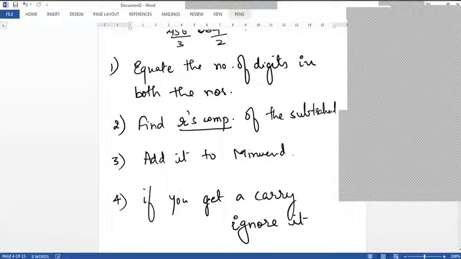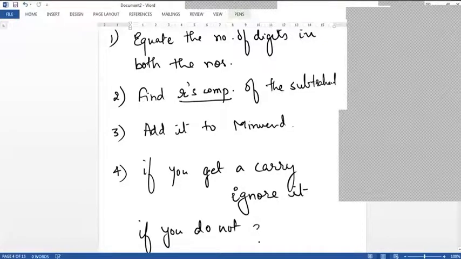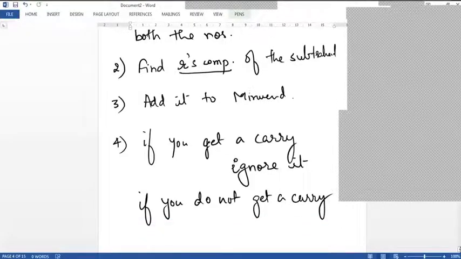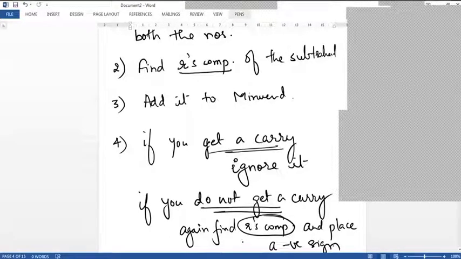And if you do not get a carry, again find the r's complement of that particular number and place a negative sign, and that would be your answer. That means if there is no carry, your answer is negative; if you get a carry, your answer is positive.